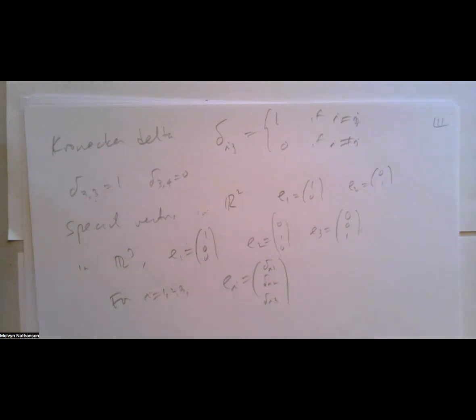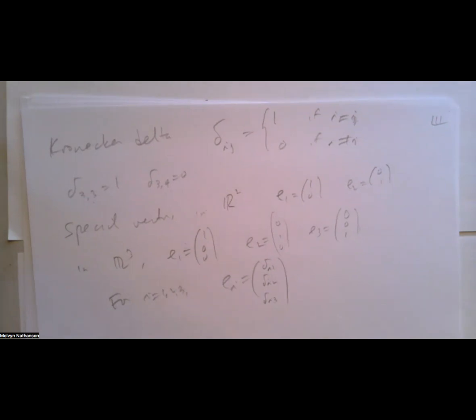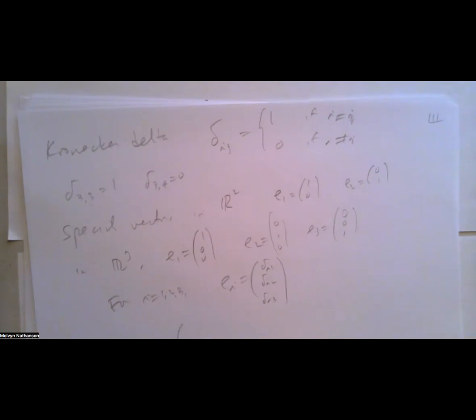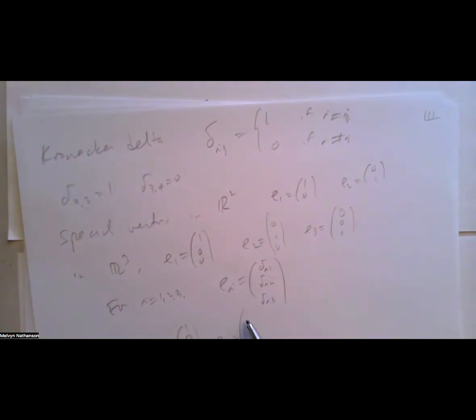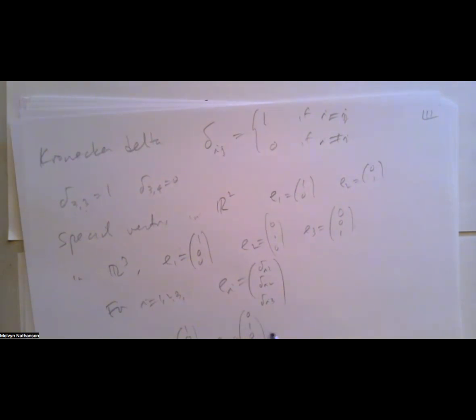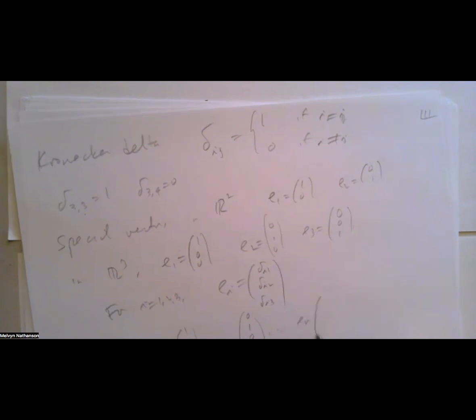And in general, in Rn, we can define E1 to be 1 and then all the rest zeros. E2 has a 1 in the second coordinate and everything else is 0, and so forth. E sub n has zeros in all the coordinates but a 1 in the nth coordinate.